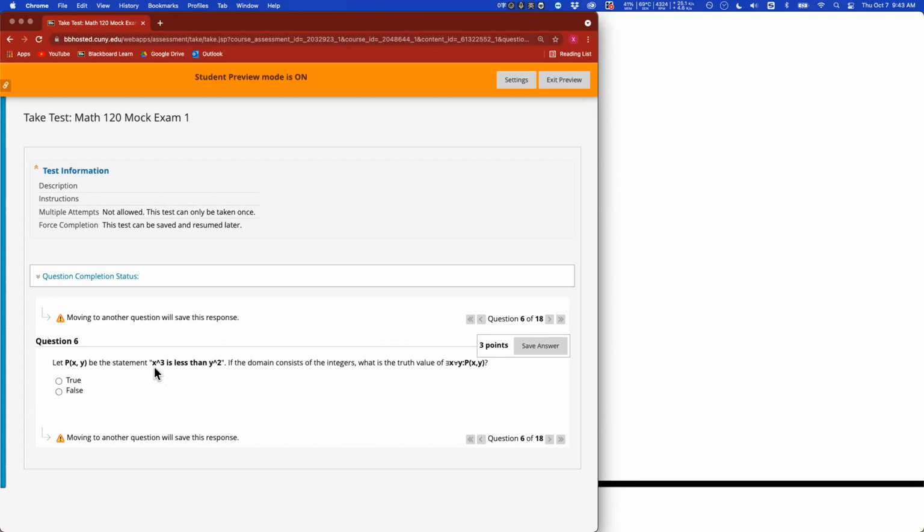So can you find an integer for x, so that when you cube the number, it's always less than y squared for any integer y?